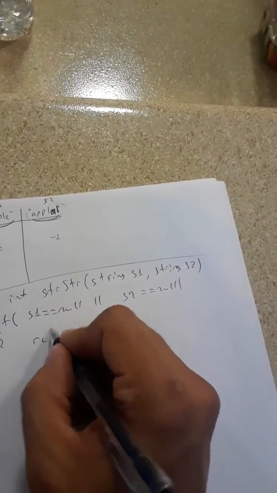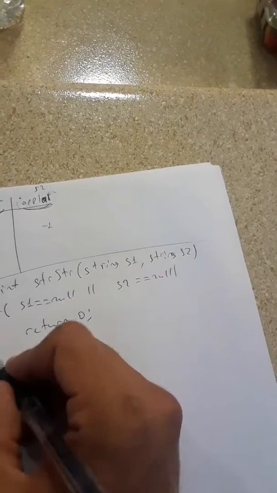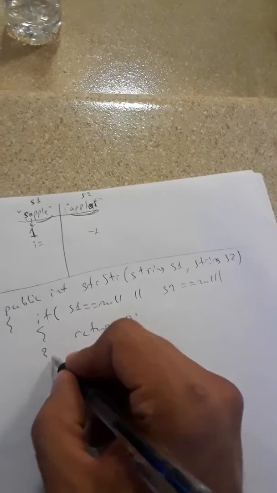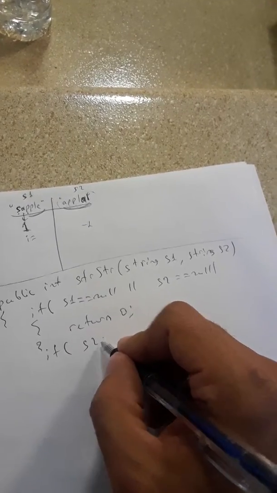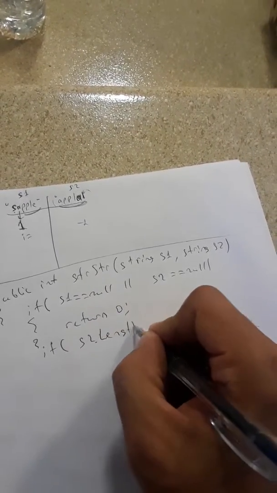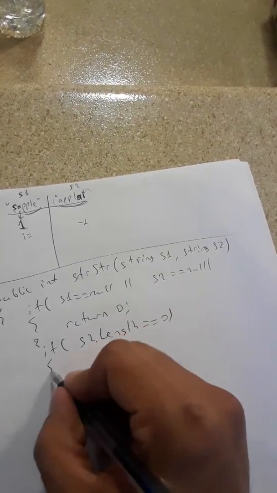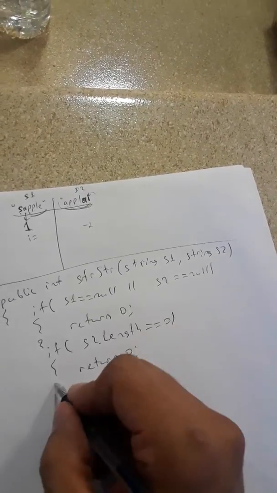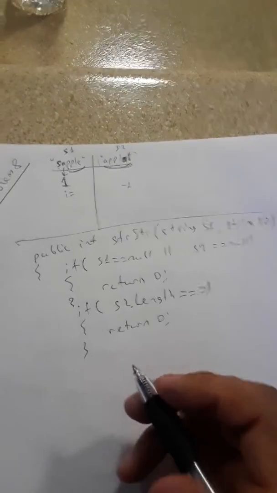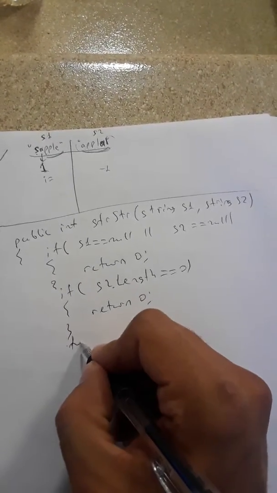If they are, I'll just return 0 or -1 or whatever. Then we will check if the second string length is 0 or not. If it's equal to 0, we'll again return 0, meaning that there is nothing to compare.